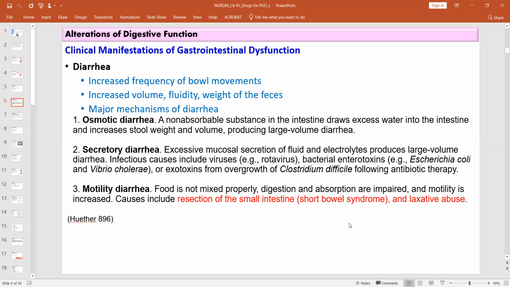Diarrhea is the increased frequency of bowel movements, and we have different types of diarrhea. The first one is osmotic diarrhea, where non-absorbable substances in the intestine draw excess water into the intestines, which increases stool weight and volume and results in large volume diarrhea. The causes include lactase and pancreatic enzyme deficiency.